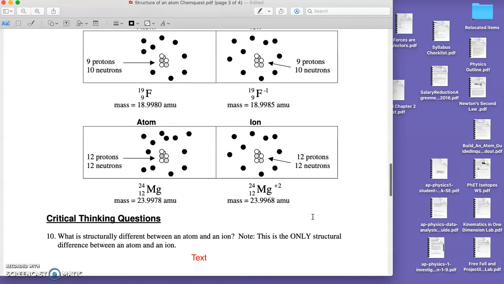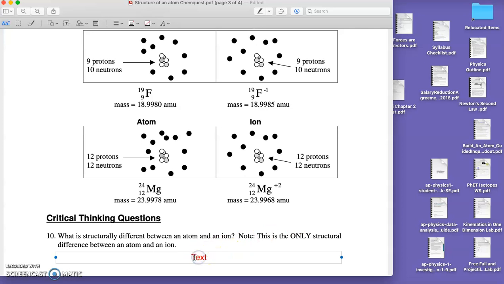So what's structurally different between an atom and an ion? It's the only difference, okay? What's different is the number of electrons. In fact, we could say negative ions have more electrons than protons.